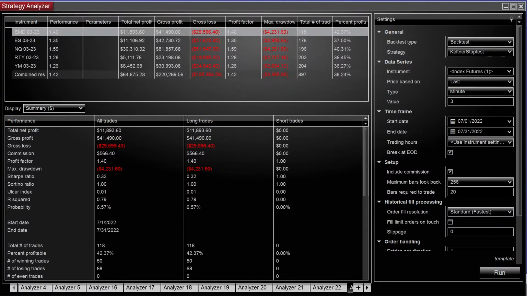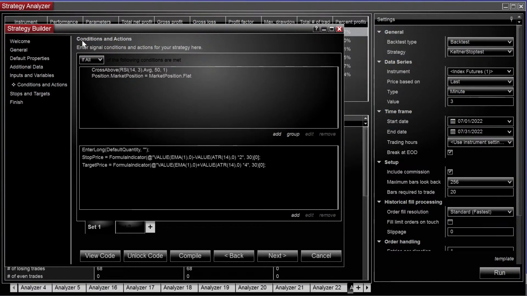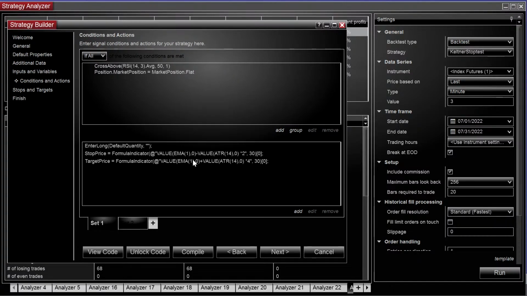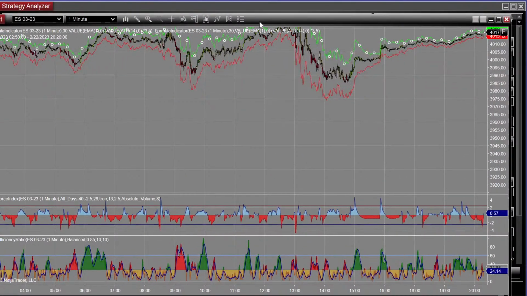So we're going to go ahead and start. Show you guys this template I built. Because the builder, a lot of people have talked about ATR stuff, and it's not that easy to do, but you can do it. I'll show you the actual chart first.